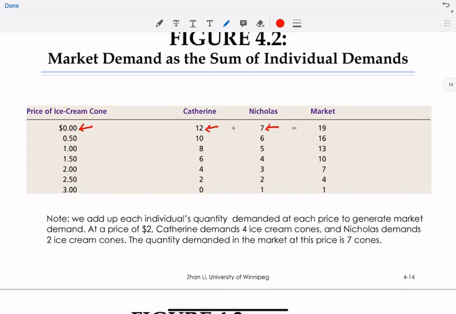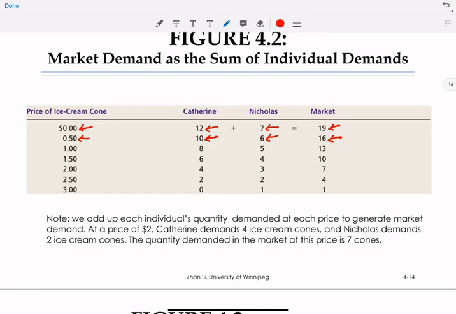Clearly, this implies the quantity demanded by the market is 19, right? By the same reasoning, at the price of 50 cents, Catherine's quantity demanded is 10, and Nicholas's quantity demanded is 6. So the total, that is, the quantity demanded by the market, is 16.